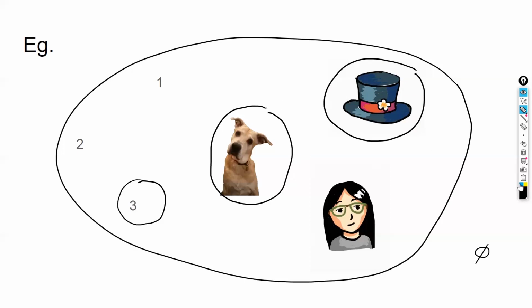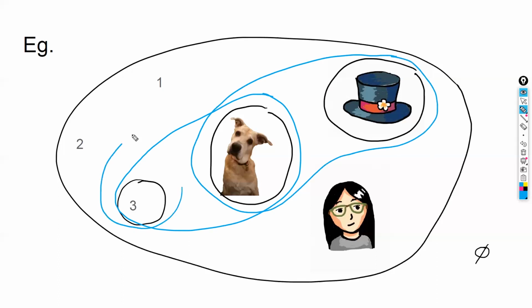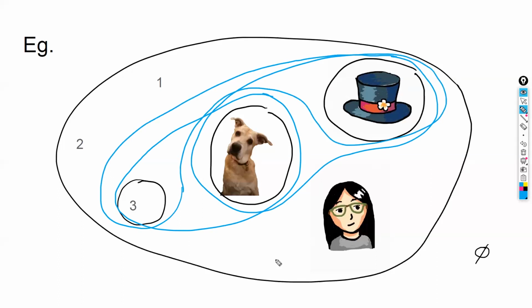Well, that's just going to be, maybe I'll use a different color because things are going to get messy. Well, that's just 3 and dog. That's going to be open. Dog and hat, likewise, will have to be an open set. And 3 and hat has to be an open set.